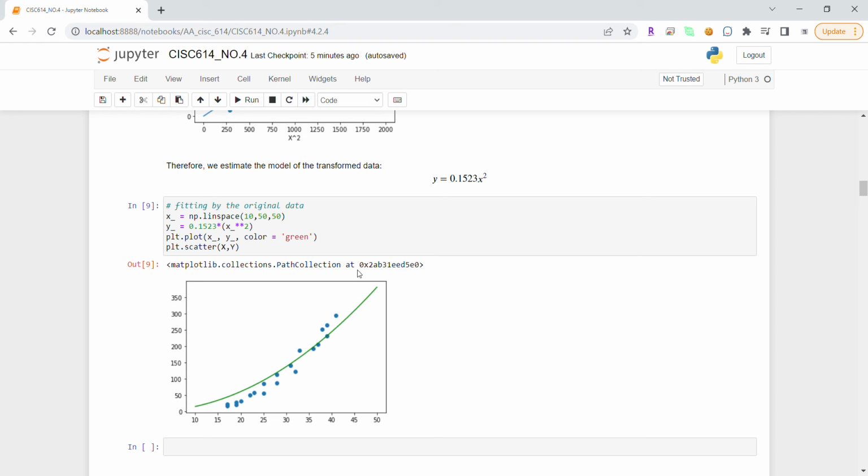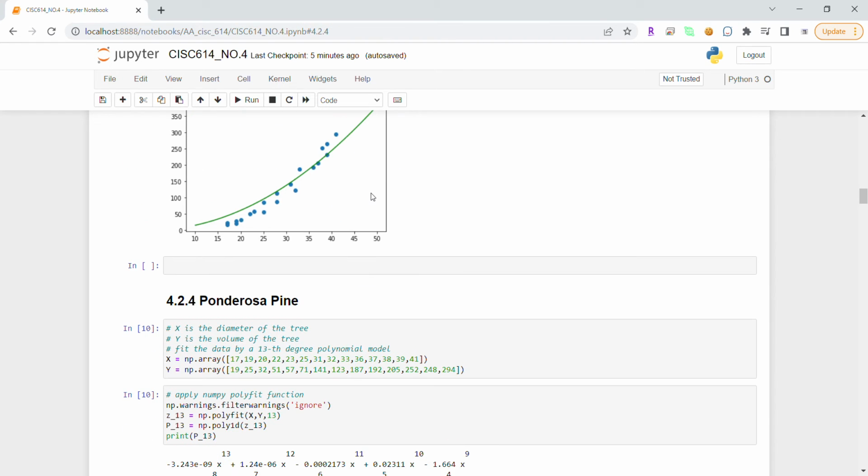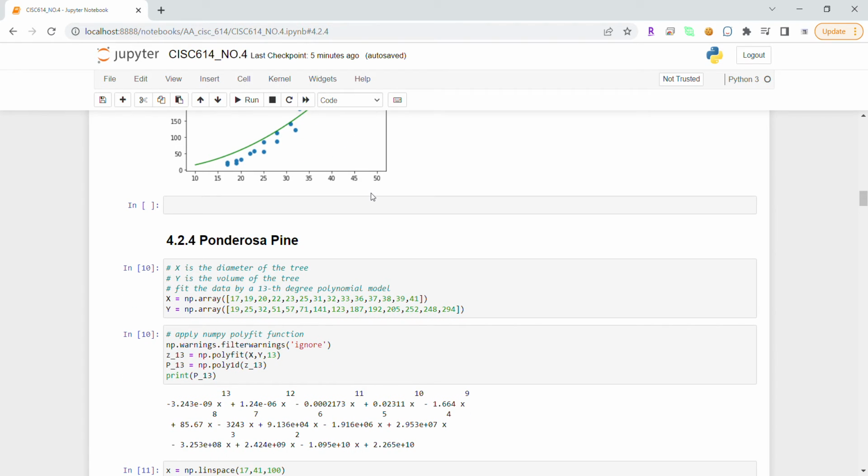So the second problem is still about the ponderosa tree, but the data set is different. The x value is the diameter of the tree, and y is the volume of the tree. What we are going to do is fit the data with a 13th degree polynomial model.